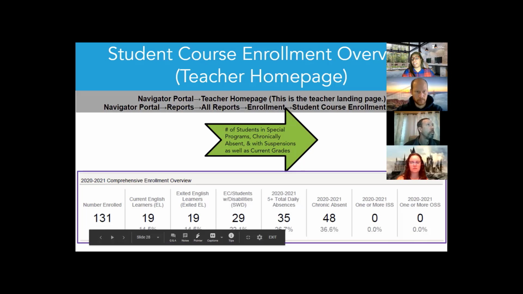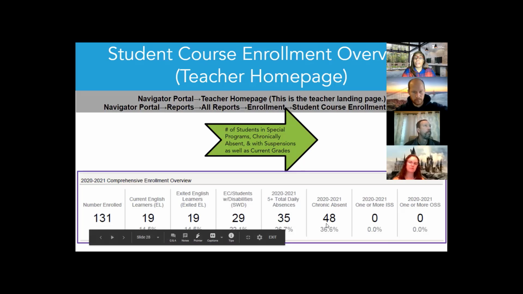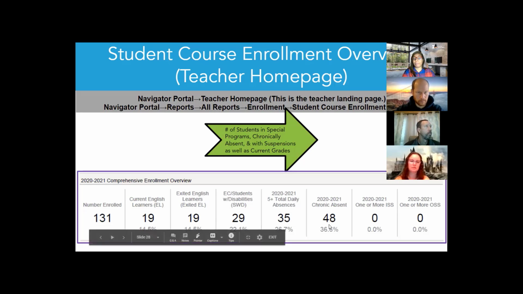So this was actually pulled from this year. So obviously we know that discipline data is kind of non-existent right now for most students. But we do have chronically absent students, so students who this year would have really not been logging on and being accounted present in class.